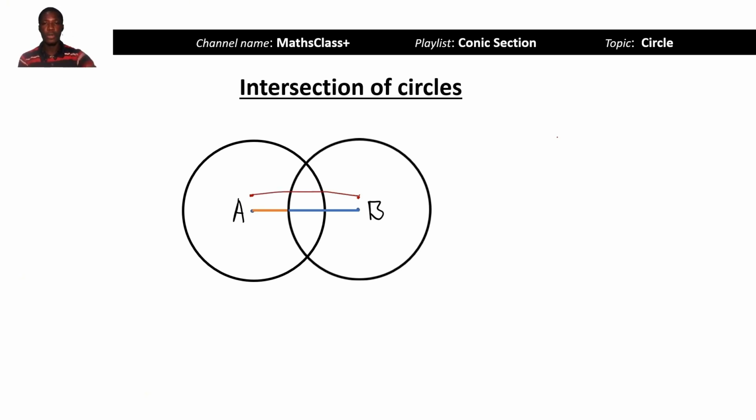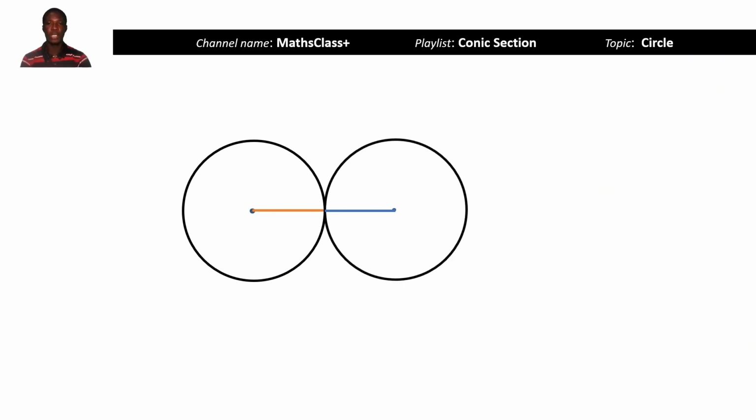So for two circles to intersect at two points, the distance between their centers will be shorter than the sum of their radii. So let's take note of this point.